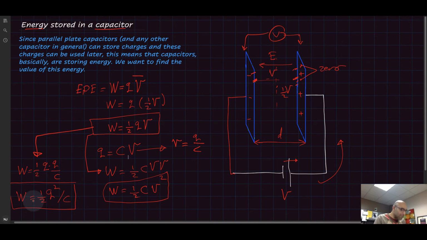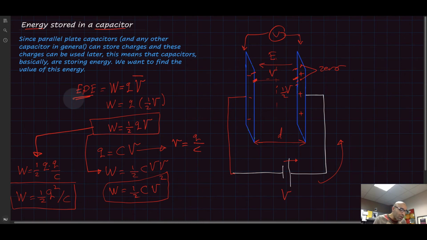Okay, and as we are figuring this out, we're finding that the energy of a capacitor is not a very useful value to look for when we are trying to understand what energy the capacitor holds.